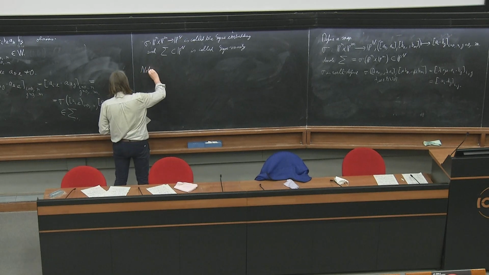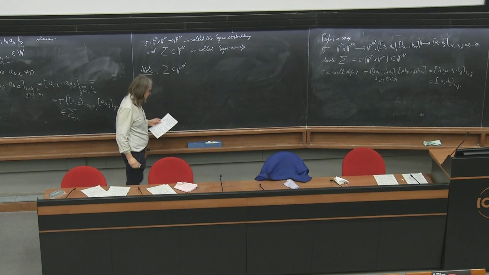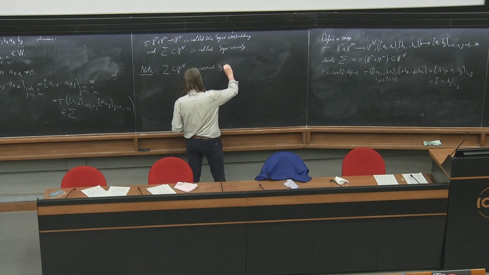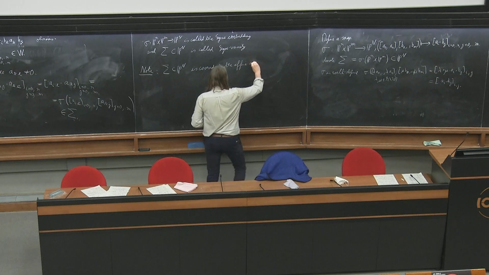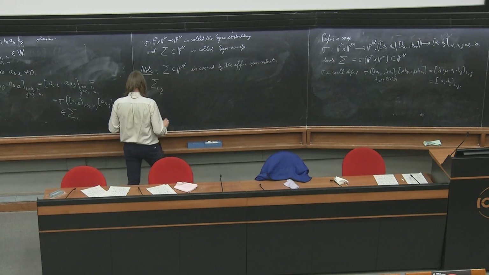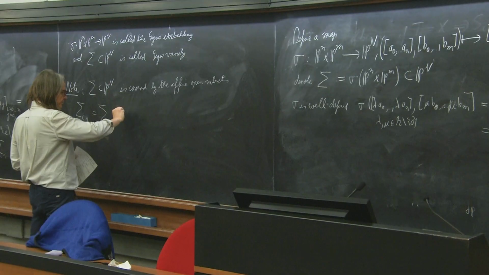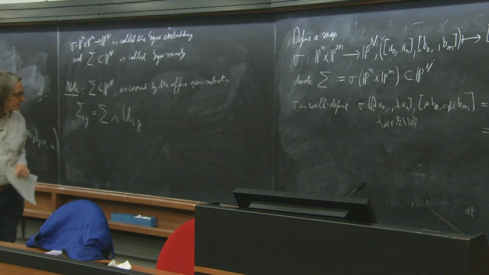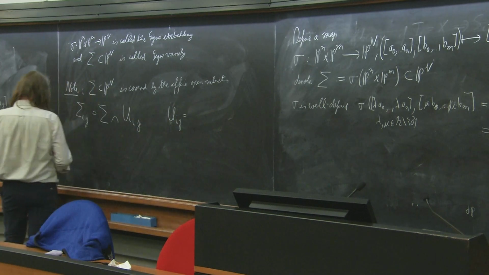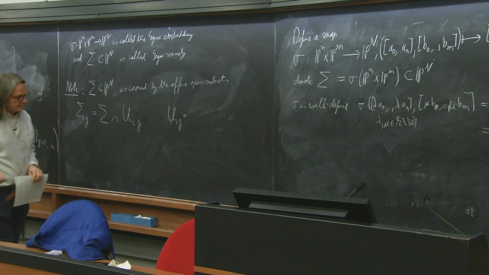So note, if we take this set sigma in P^(nm+n+m), this is covered by the affine open subsets, which I maybe call sigma ij, which is just sigma intersected with Uij, where Uij is just the open subset where the ijth coordinate is non-zero.